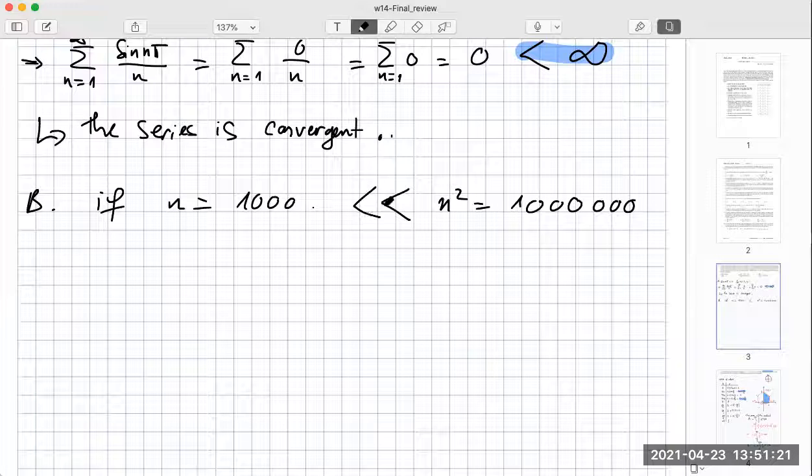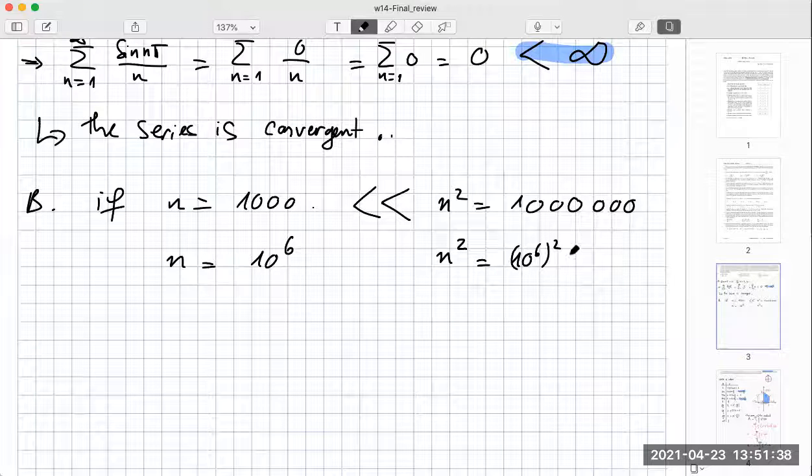In mathematics, we use this notation. It's a lot bigger. When n is equal to 1 million, 10 to the 6 here, what is n squared? Very good. Good job. It is 10 to the 12, and it is even bigger compared to n, right?